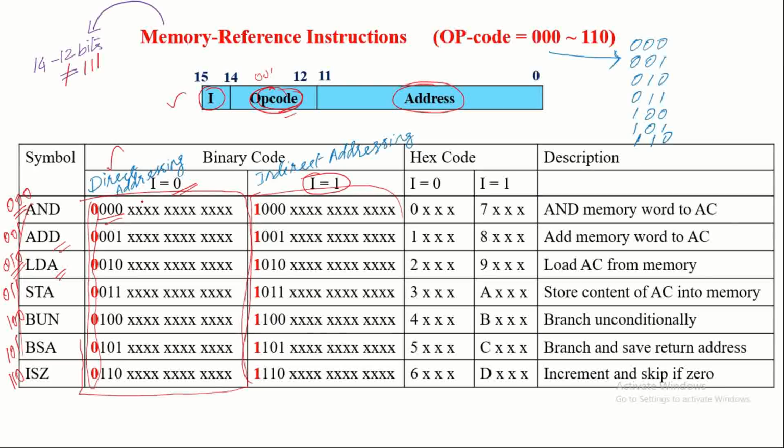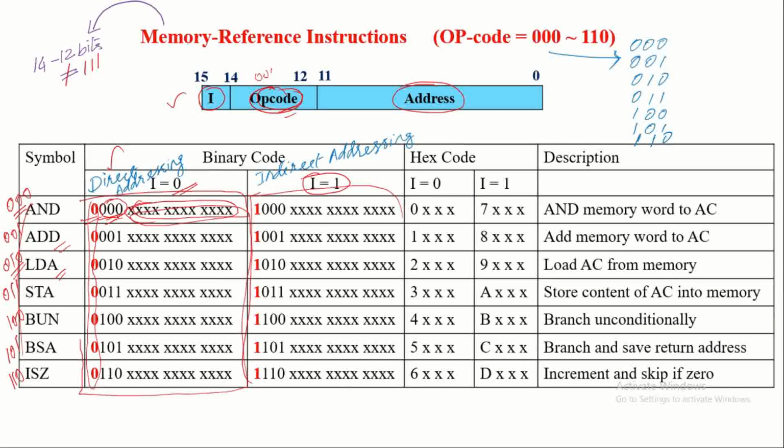It means that the address part of the instruction contains the direct address of the operand. The remaining 12 to 14 bits specify the opcode. If we take the first instruction, since it contains 000 in the opcode part, this instruction will perform AND of the memory word with the accumulator, where the memory word's direct address is specified in the address part of the instruction.